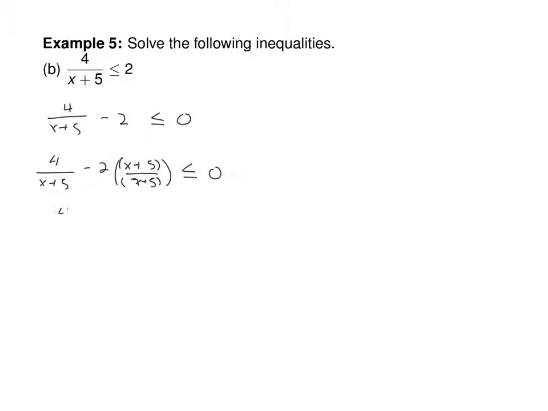So that's 4 minus 2x minus 10 all over x plus 5 less than or equal to 0. Be really careful with your negative signs because that's a place that you could probably mess up, right? Do you agree there?